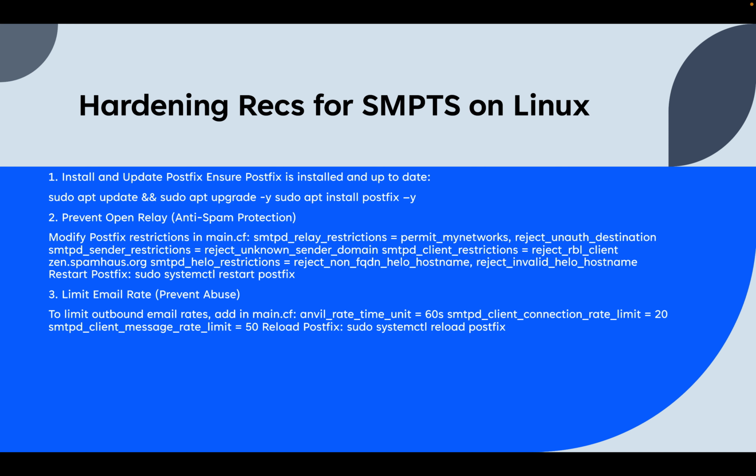Step 2 is prevent open relay, so spam protection, and you can modify the restrictions as listed. And then for step 3, you're going to want to limit email rate, so prevent abuse. To limit the outbound email rates, you can access the following files.